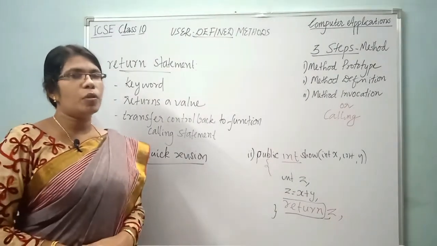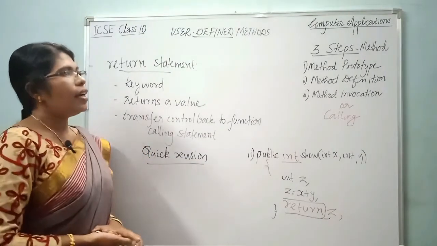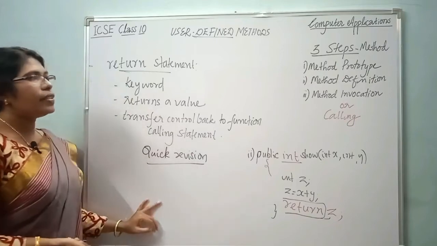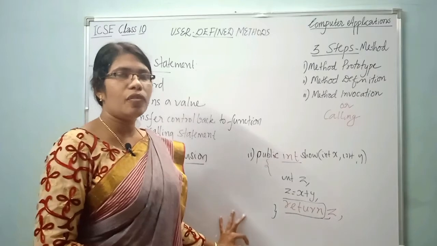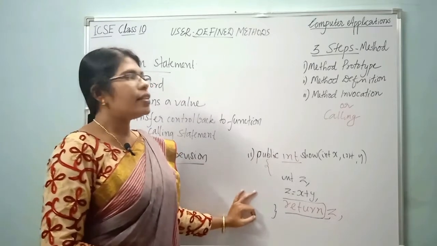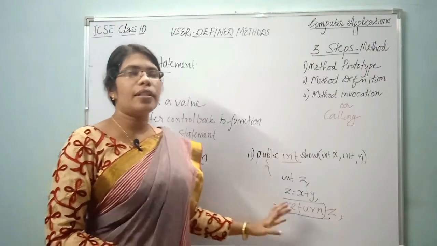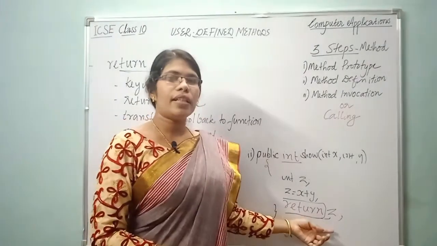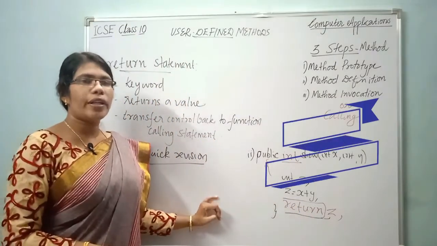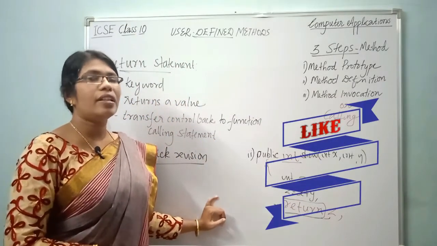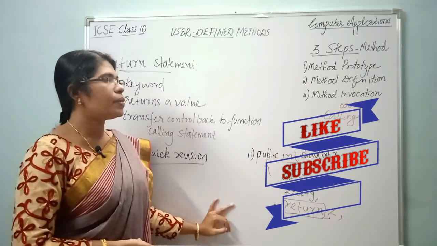And you have to know the general syntax of writing a method. We can define a method in 2 ways: non-return type and return type. A return type method has to return a value by using the return statement, which is compulsory. In the case of non-return type, that is void, it never returns a value from the method definition to the method calling statement.